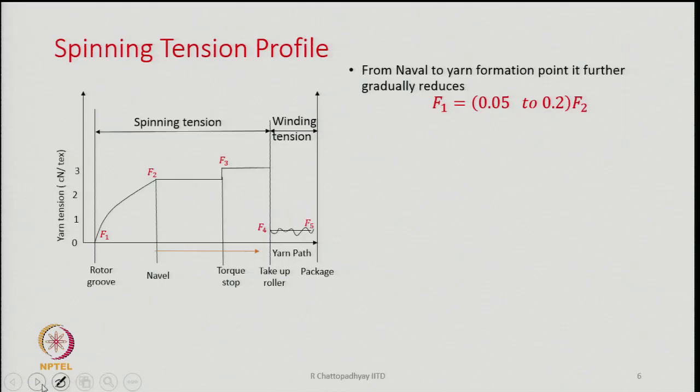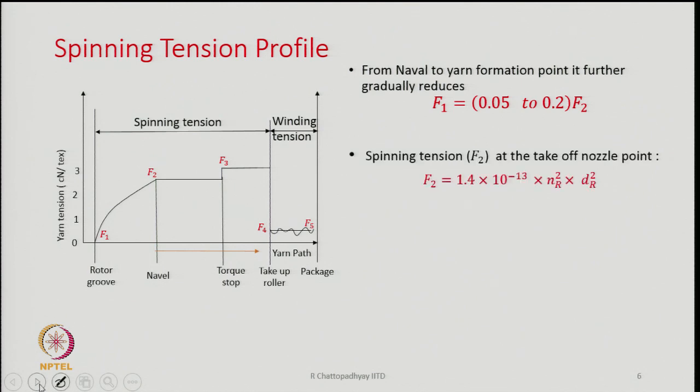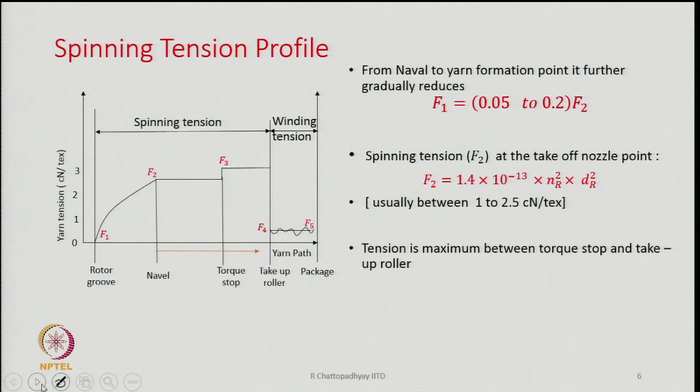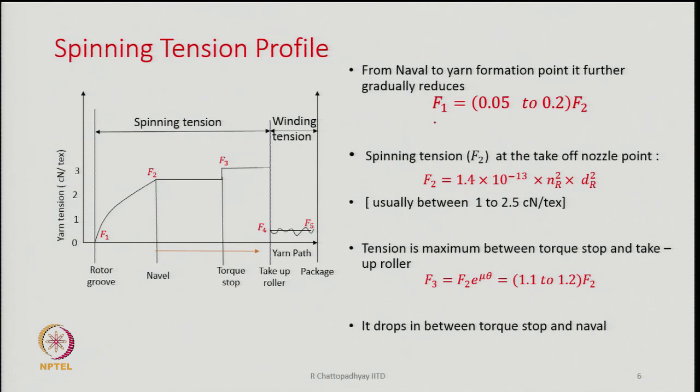Okay. Now, from here we come back to the tension profile, and the tension at different zones can be shown by this set of equations. From the navel to the yarn formation point, it reduces to this value.